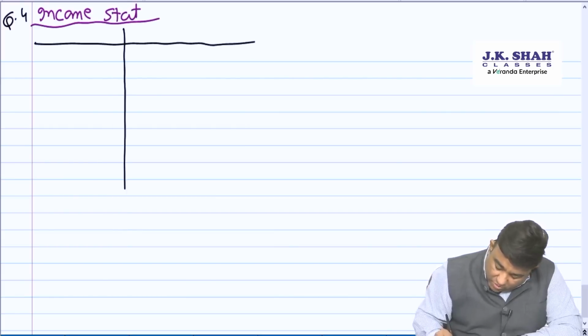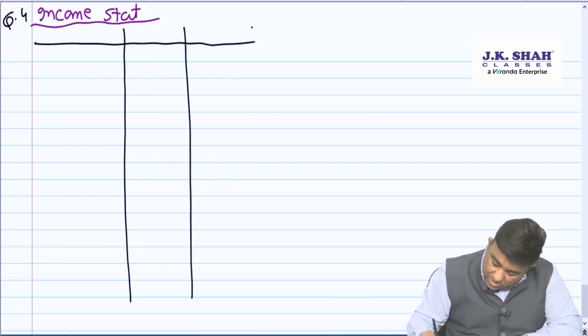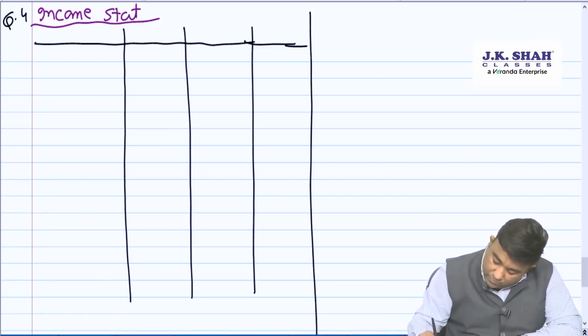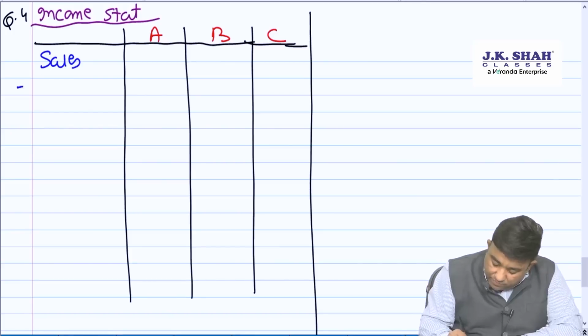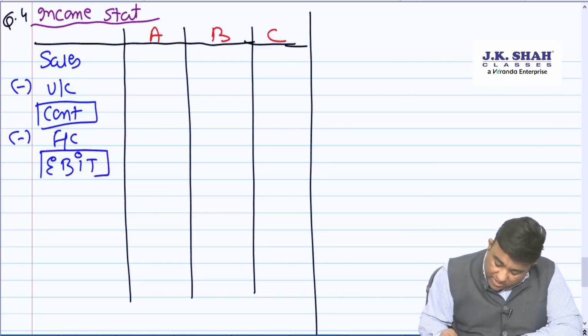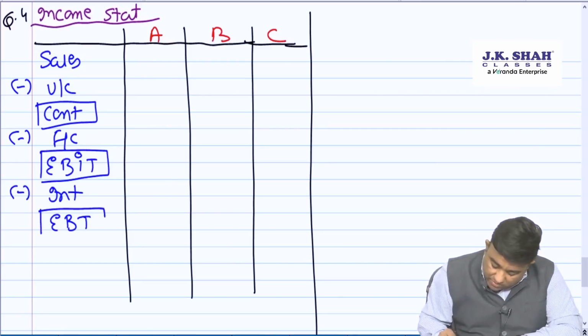It will obviously be in 3 categories, A, B and C. Income statement starts with sales minus variable cost, gives you contribution, minus fixed cost, gives you earning before interest and tax, minus interest, gives you earning before tax, minus tax, gives you profit after tax.